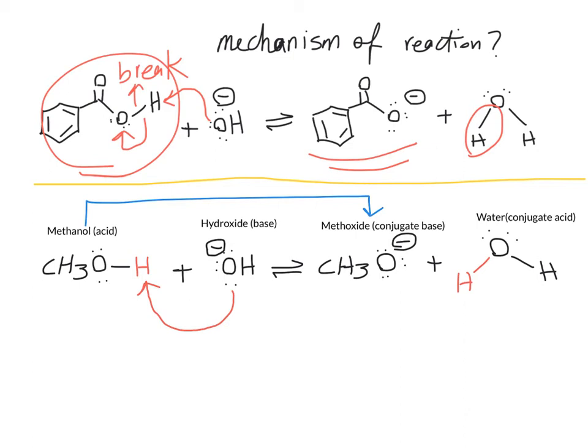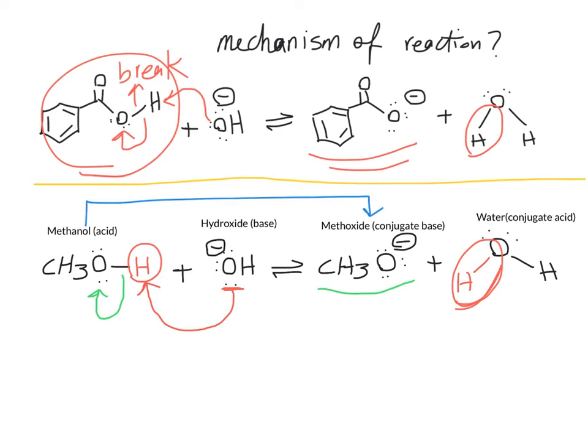So a new sigma bond forms between this oxygen and this hydrogen, and this is the new bond here in H2O. And since hydrogen can only have one bond, the bond between hydrogen of methanol and oxygen will break, and both electrons will collapse on oxygen, and the product is methoxide.